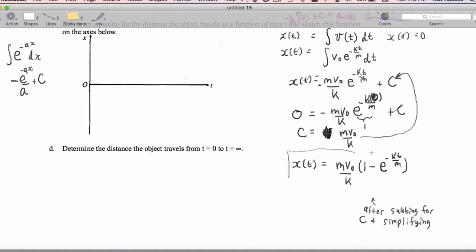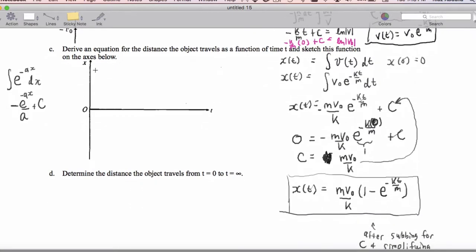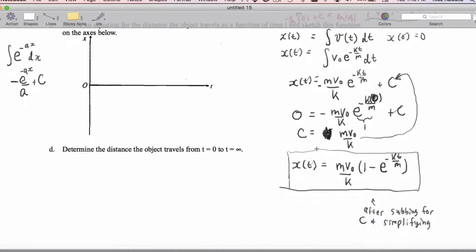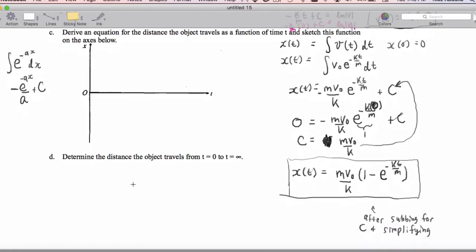And now we're going to go ahead and write out the answer for part D. Well, let's make sure we graph this. This is something where we are going to end up getting some kind of limit as we go to infinity. So one thing we want to do is figure out how far the object goes. It actually turns out we should do part D before we finish up the graph.